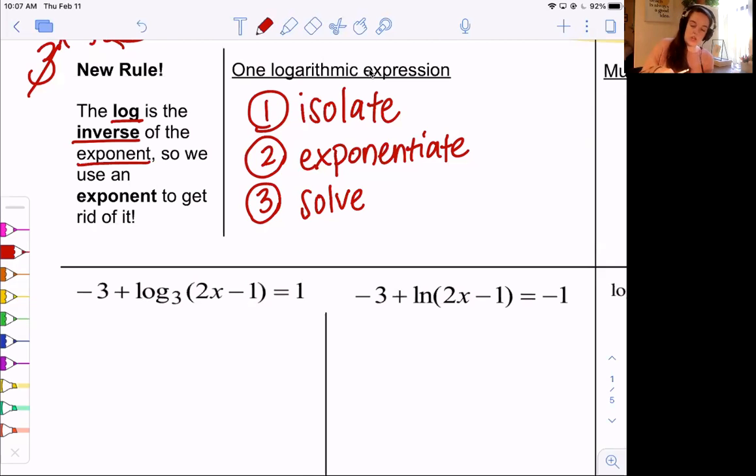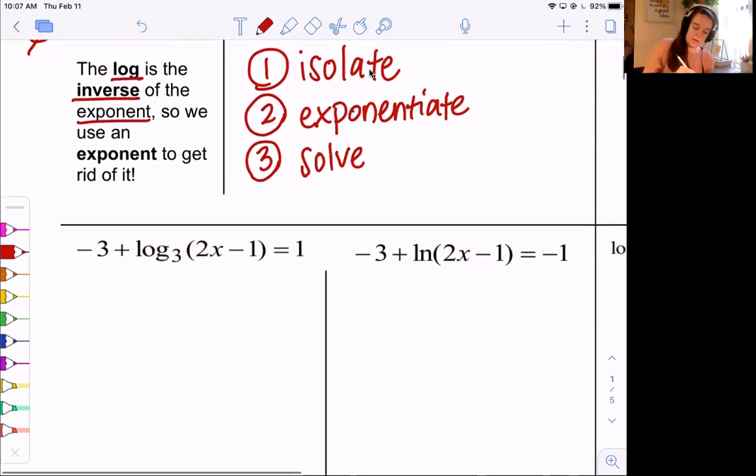All right. So first step, isolating. We're going to work with this problem first. I want to get the log by itself. So I have the log here, and it includes the 2x minus 1. That whole thing is considered the log. So I need to get it by itself on one side of the equation. How can I get rid of the minus 3?